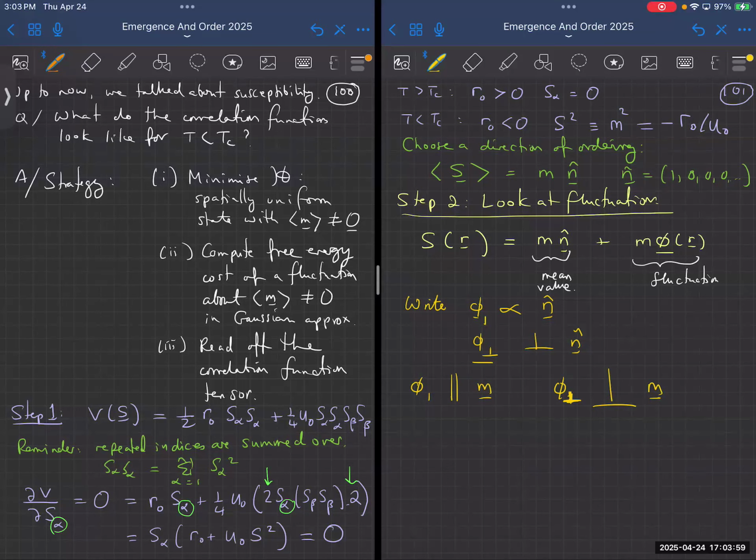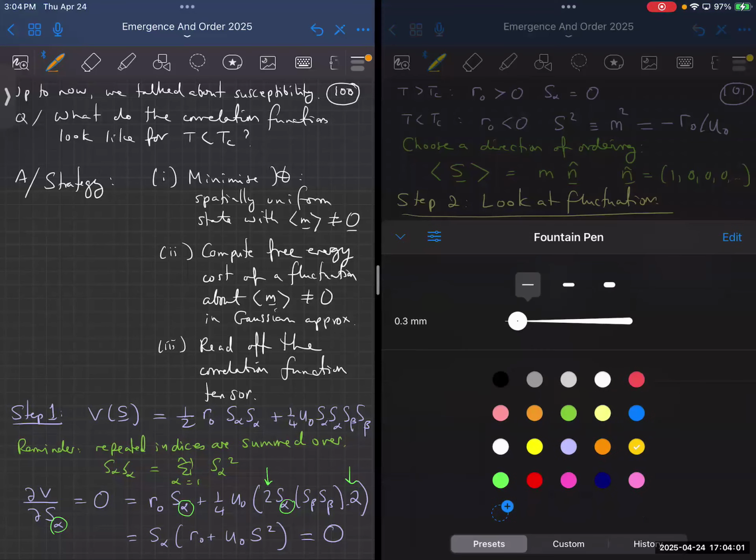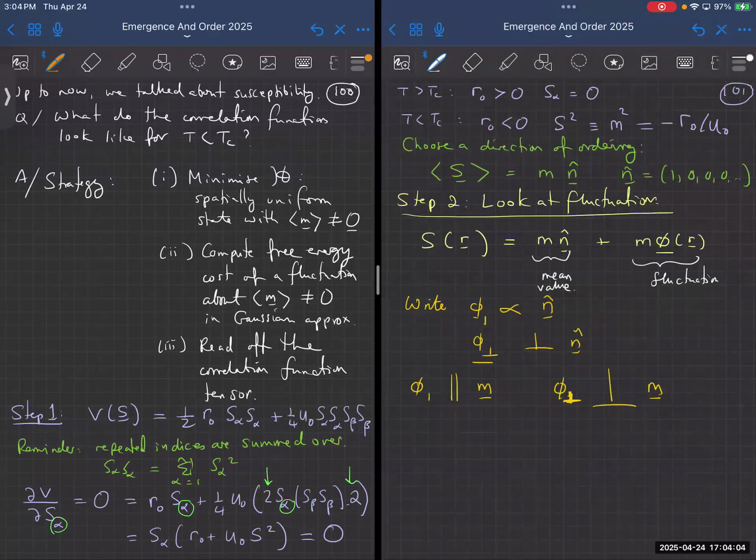I can write this in the following way: phi transverse is the vector (0, phi 2, phi 3, up to phi n), and phi 1 is the vector (phi 1, 0, 0, ...). So that's how I'm decomposing the fluctuation.